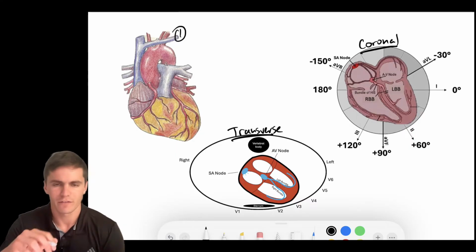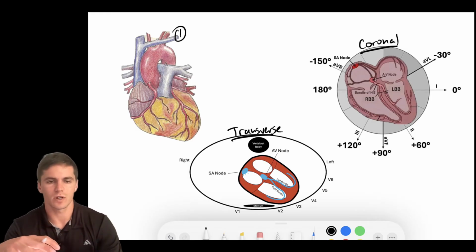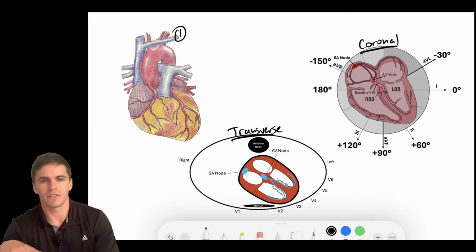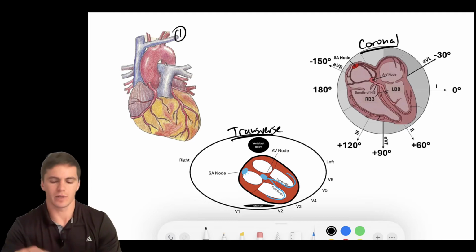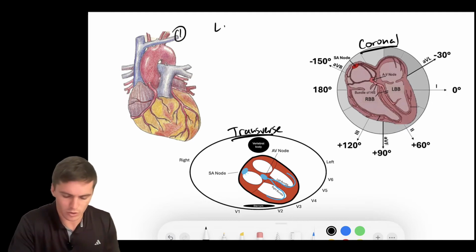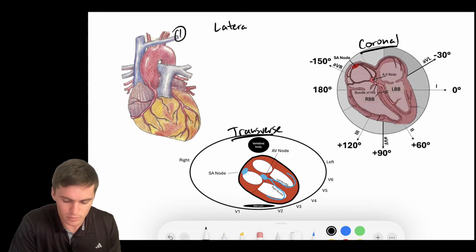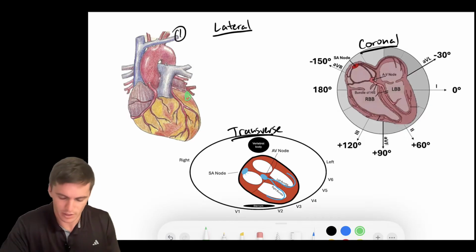So let's talk about first which leads are representing each different wall or region of the myocardium, right? First, we'll talk about lateral, right? So the lateral aspect of the myocardium, if I draw it here, lateral region in green. And so let's correlate that to our leads. We see over here on the coronal view, here's lateral.